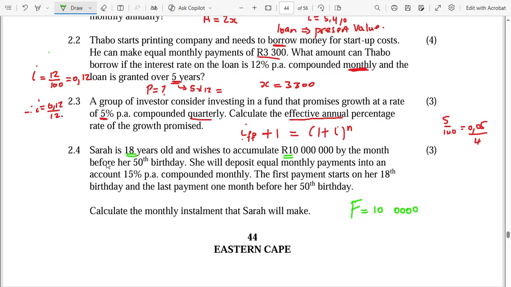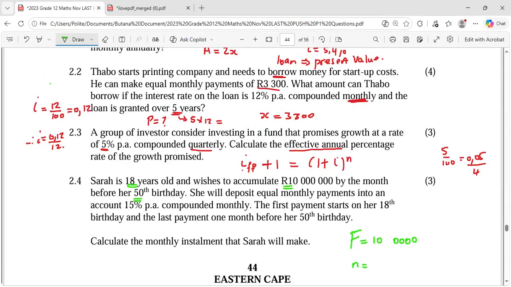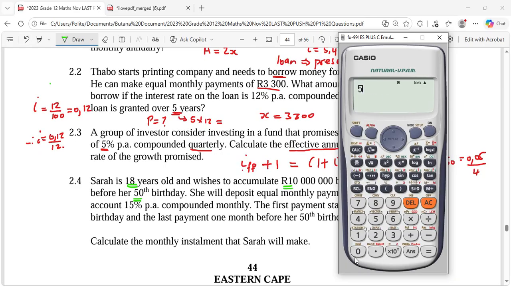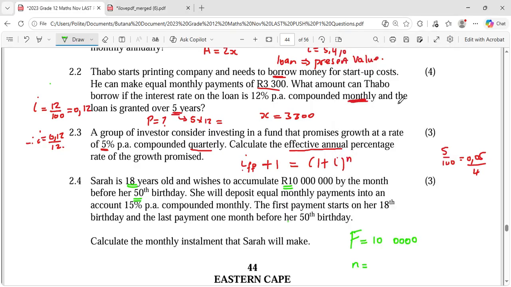By the month before her 50th birthday. So this person is 18 and is going to invest money until she reaches 50. So what will be my n? That's what you need to ask yourself. You find the difference between these years. Subtracting the two, we get n to be 32.